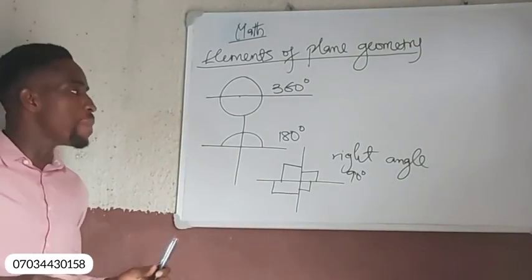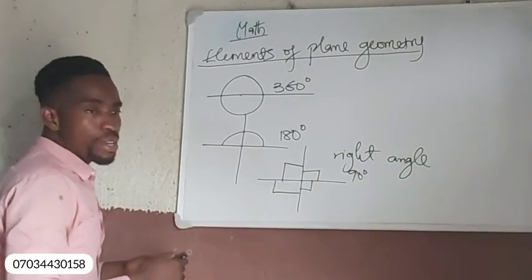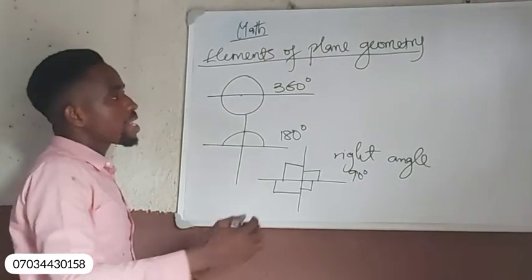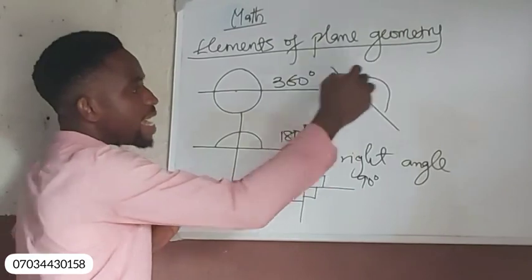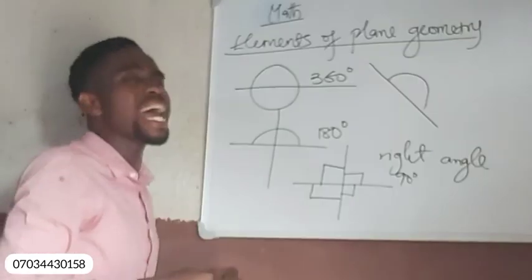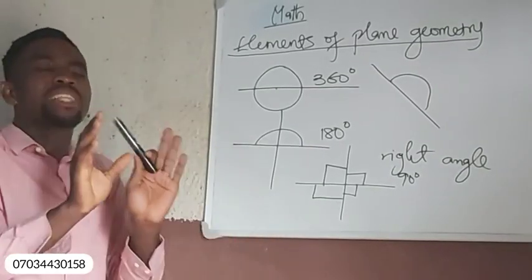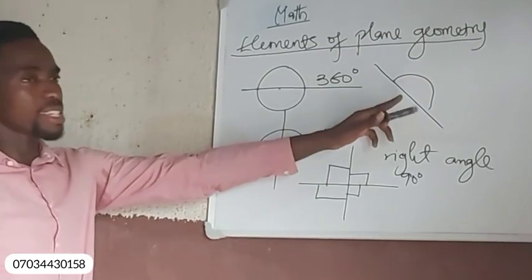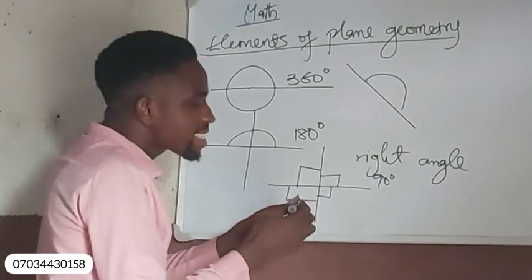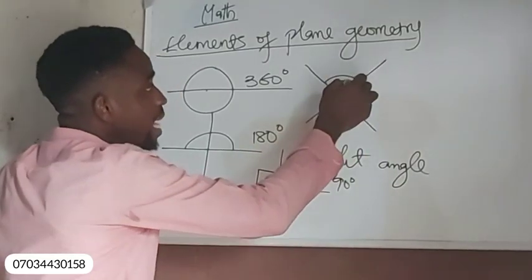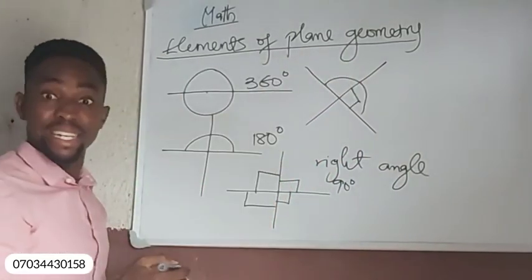These right angles, remember, can be anywhere. Like we said, for angle on a straight line, the straight line can be inclined. This is still a straight line, and angle on a straight line is 180 degrees. Anywhere you see the straight line, no matter how the straight line is, it is 180 degrees. Now, if you slice it into two, you still get your 90 degrees, no matter the inclination.